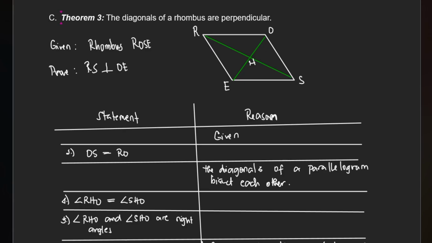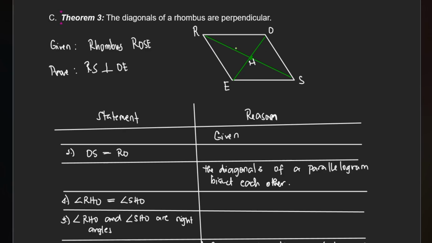Okay. Now, given we have the rhombus named ROSE, R-O-S-E. And RS is perpendicular to OE. And point H is the intersection, or where the two lines intersect or bisect. Pag sinabi nating bisect, doon sila nagkita.